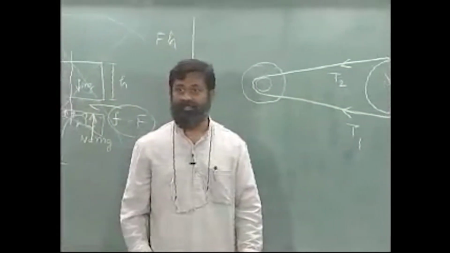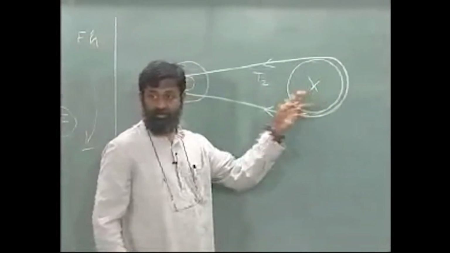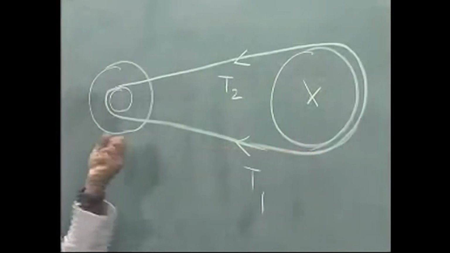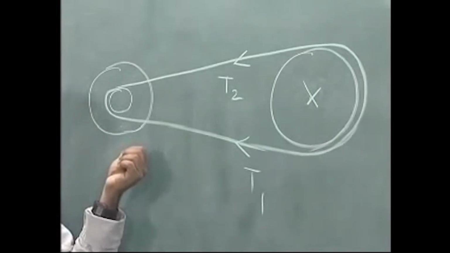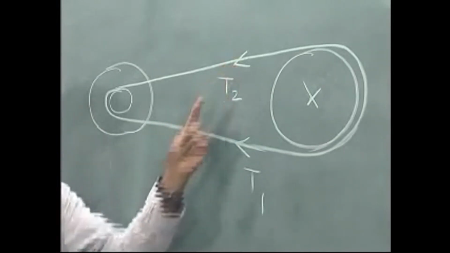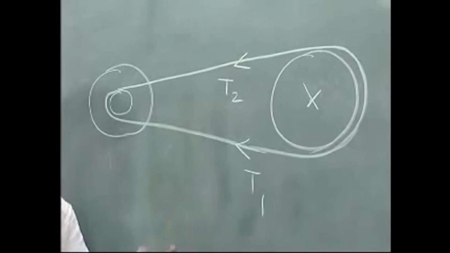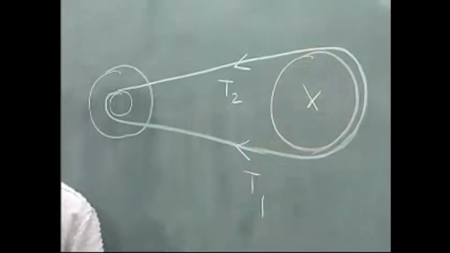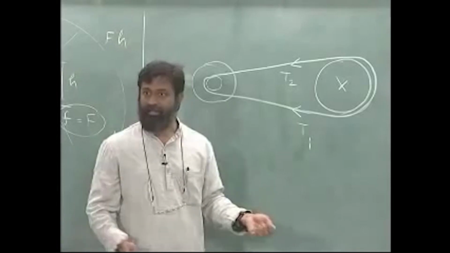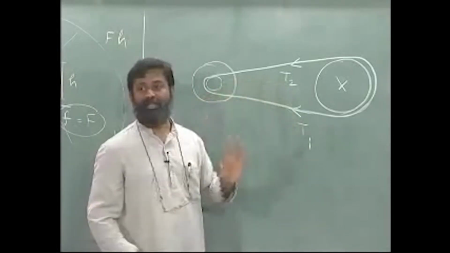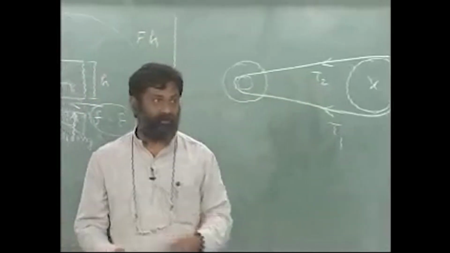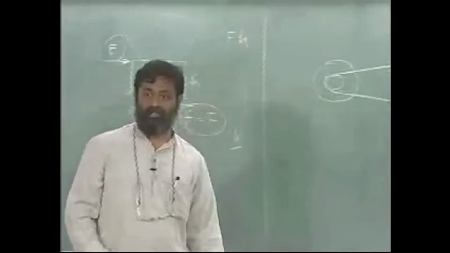Is this clear? This is not moving, I am pulling this with a tension T1. What do you realize? Is T2 less than T1? The answer is yes, because there is some friction that has eaten away some of the tension. T2 will be less than T1. Can I find out T2? That is the question. Okay. Let us answer that question.